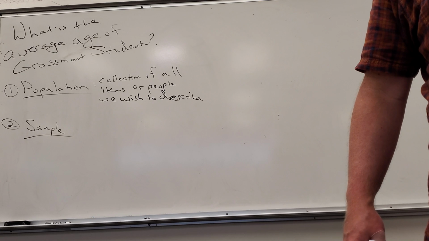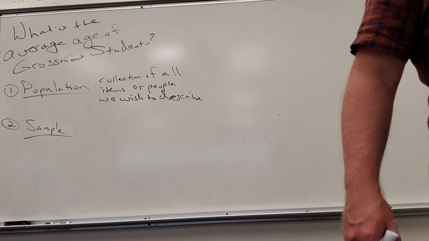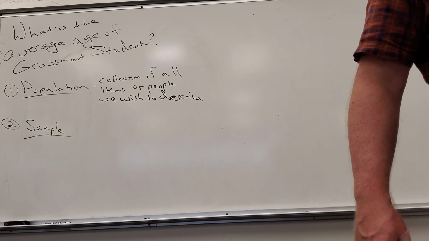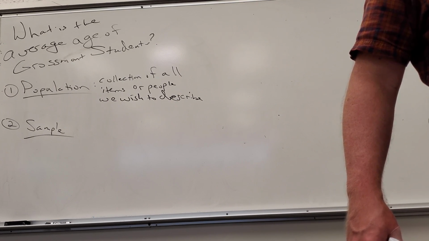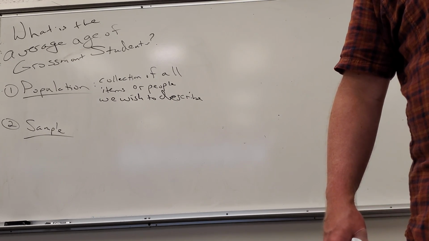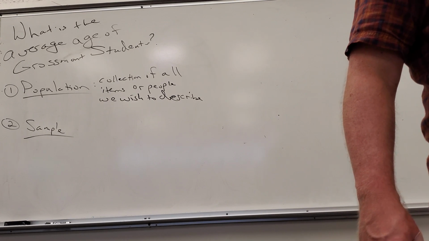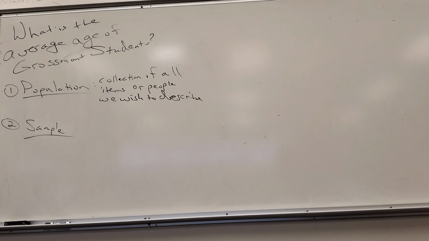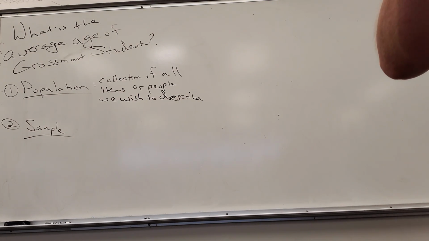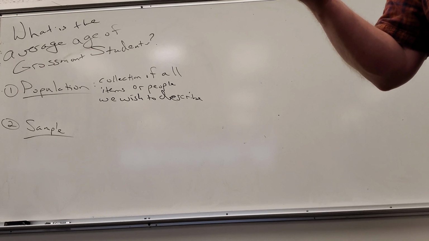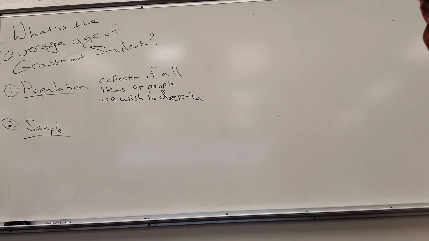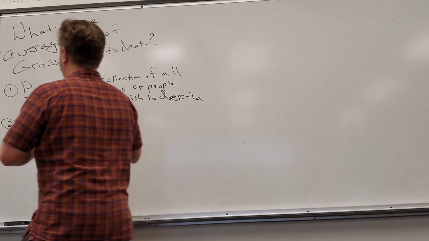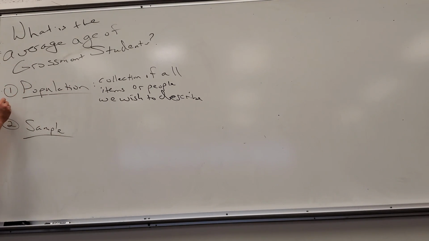Can you see that in your head? Now let me say this. All dogs are next door. What are you concerned about? It's a small room. You with me? So if I say my population is Grossmont students, that's not identifying it correctly, because what do you mean, a few? No, you mean all. Good. So when you have a population question, make sure you say something like all or every. All Grossmont students.